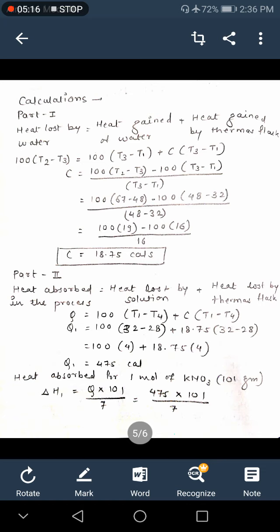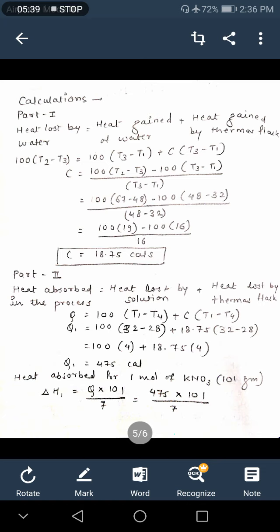In the second part, we first determine Q, the heat of solution in calories. We use the formula which we previously used, and put in the values for T1 and T4.